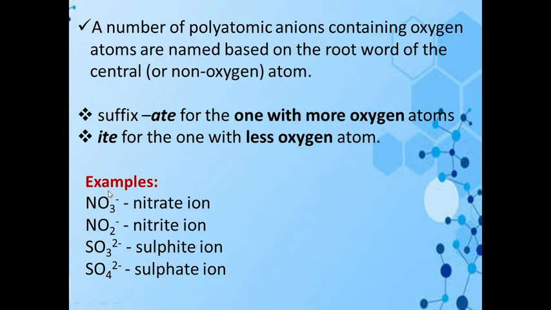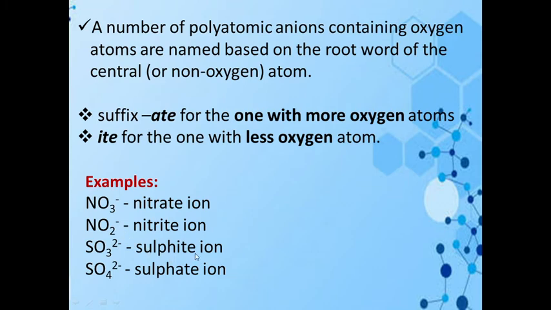As you can see in the examples, the nitrate ion is composed of 1 nitrogen and 3 oxygen, so there is more oxygen attached to the nitrogen here. In the nitrite ion, it is composed of 1 nitrogen and 2 oxygen only.